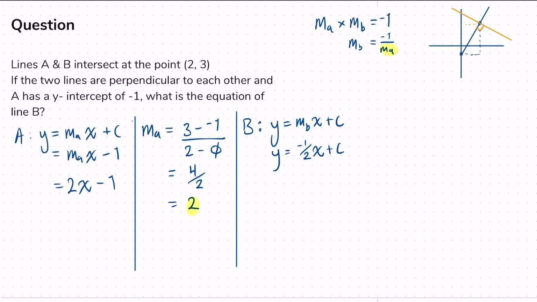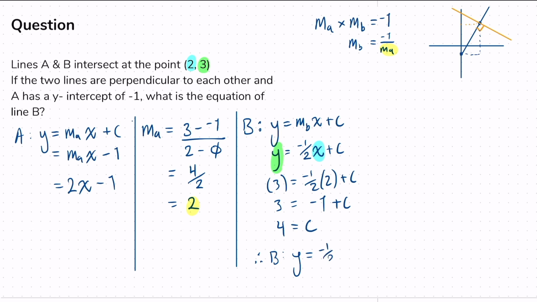The other thing I know about B is that the point 2, 3 lies on the line. So I'm going to substitute 2 for x and 3 for y to find C. So we get 3 equal to -1 over 2 times 2 plus c. Let's resolve this. I add 1 to both sides, giving me 4. Therefore, B is y equal to -1 over 2 x plus 4.